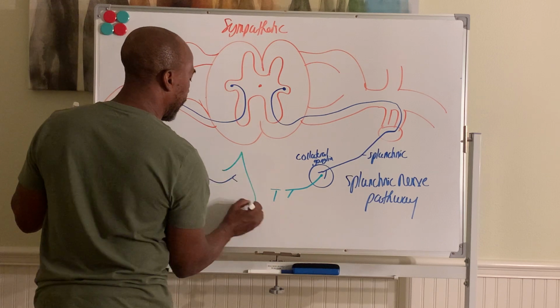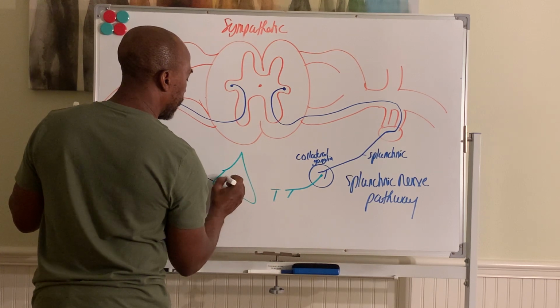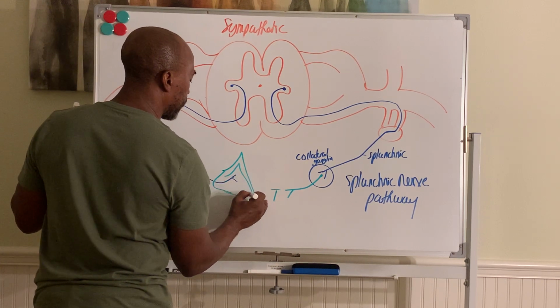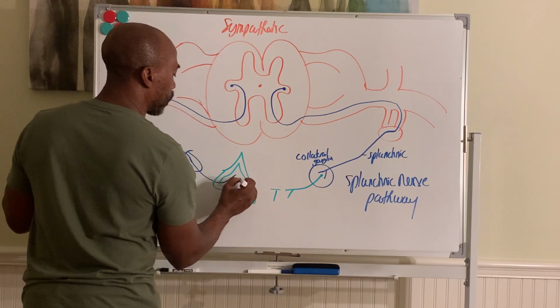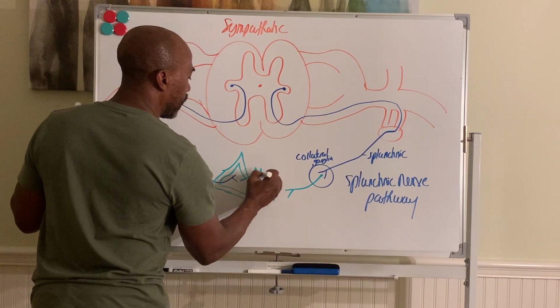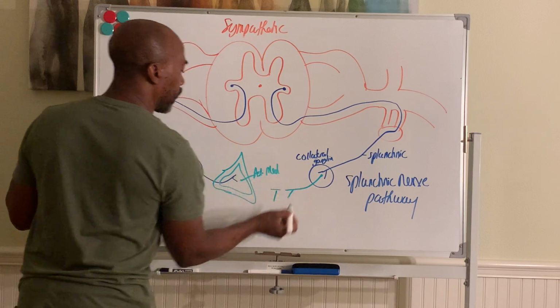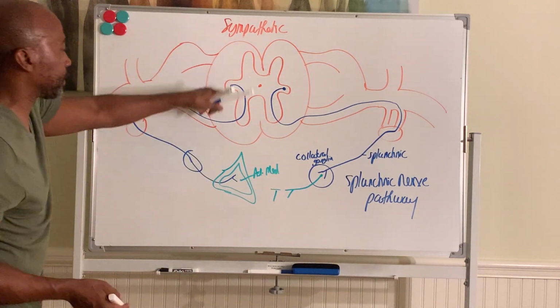So this is your adrenal gland. You have an outer part called the adrenal cortex and an inner part called the adrenal medulla. That's where it stops.